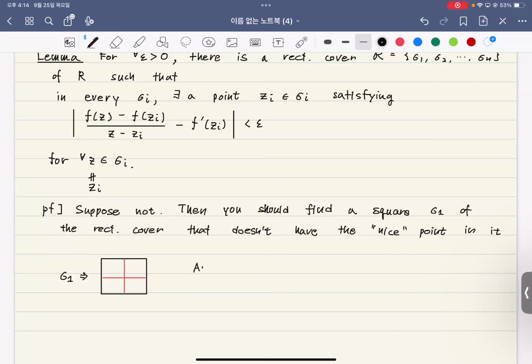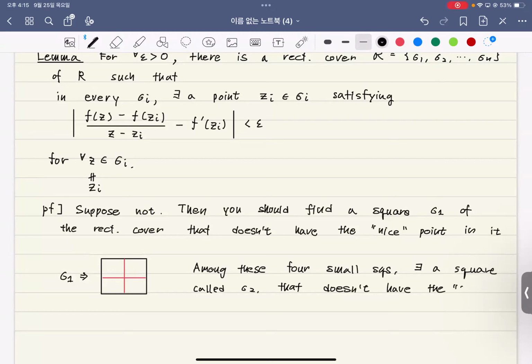So among these 4 small squares, there must be a square, which I will call sigma 2, that doesn't have the nice point.